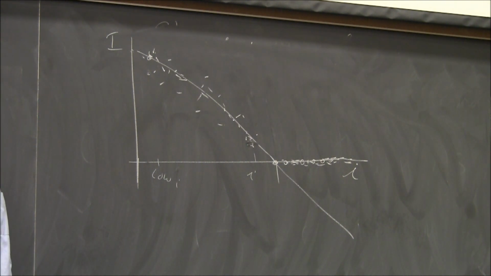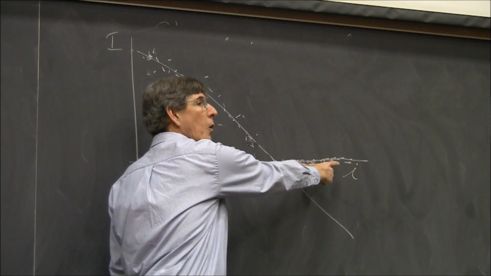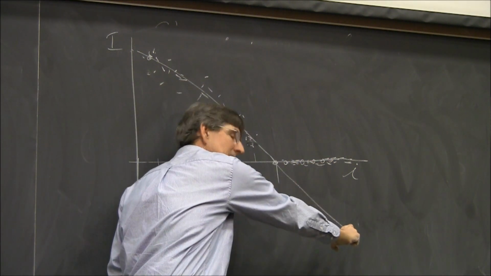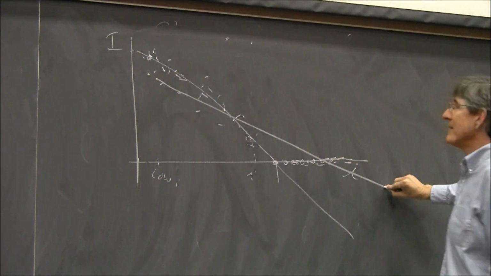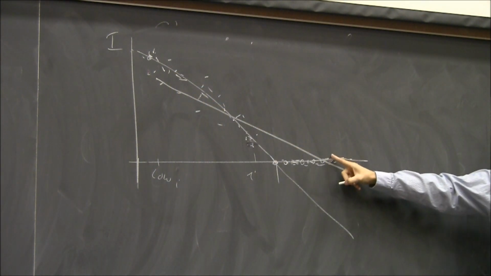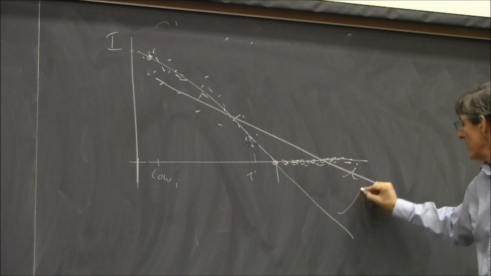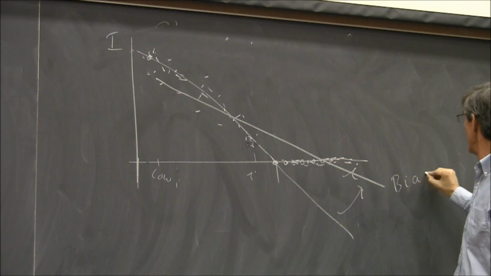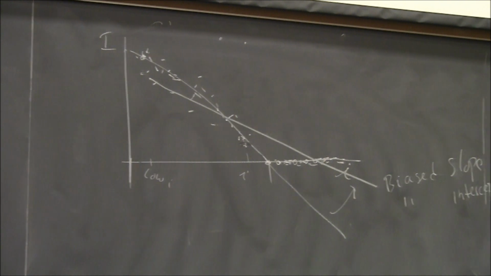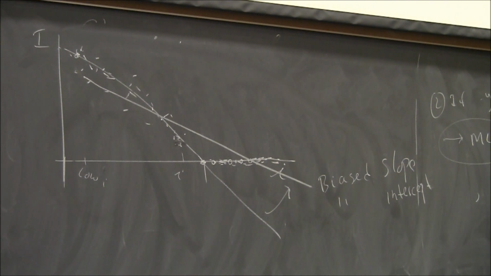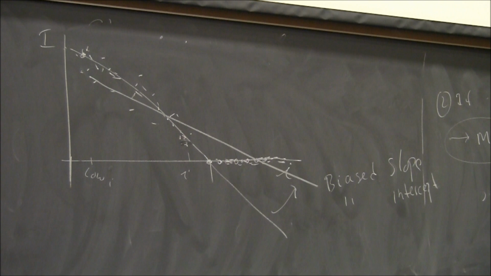It's going to be too flat because it's going to try to fit these points rather than this set of points. So when I fit a line, it's going to look something like that. It's going to try to hit these points. And so it's going to have a biased slope and a biased intercept, because of the truncation in the data.